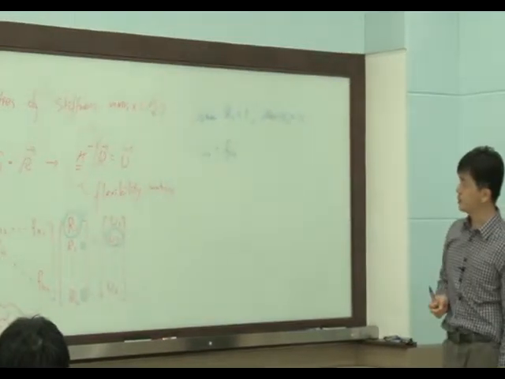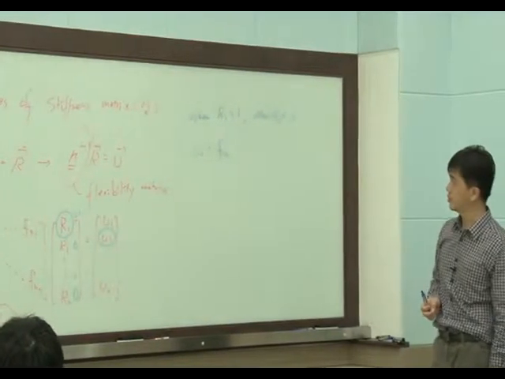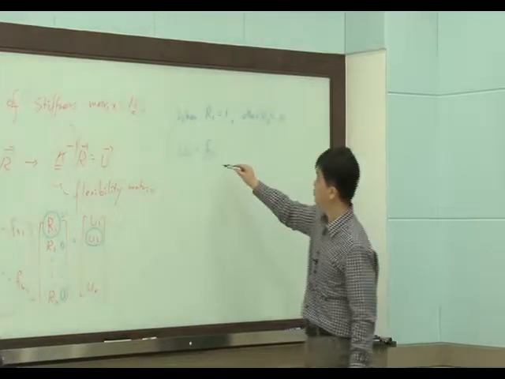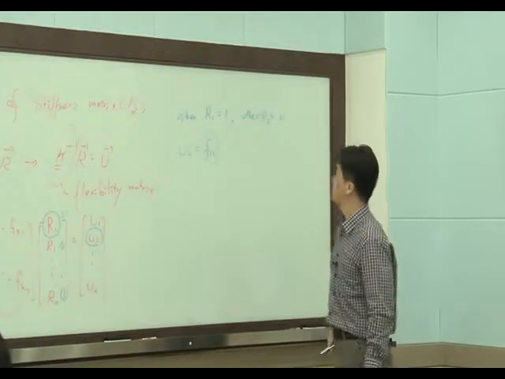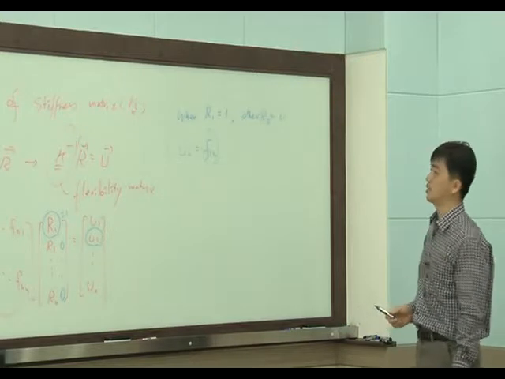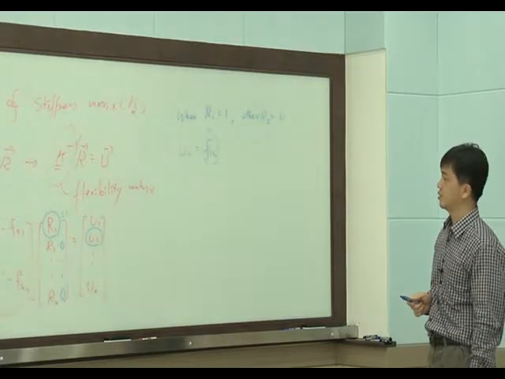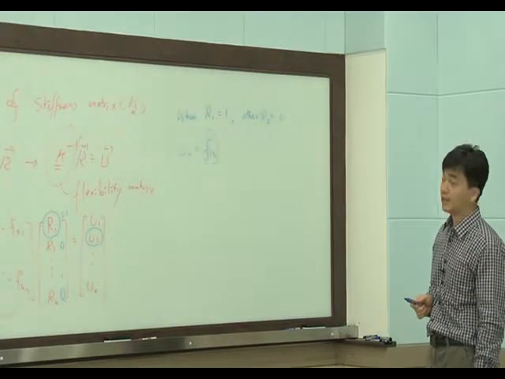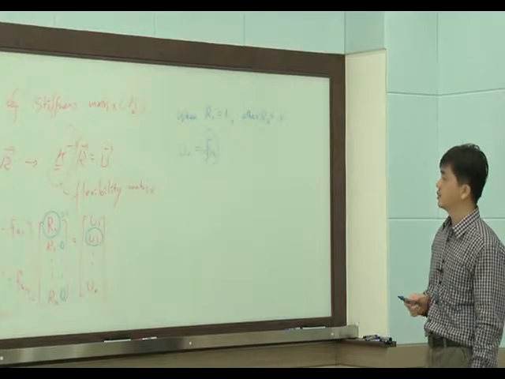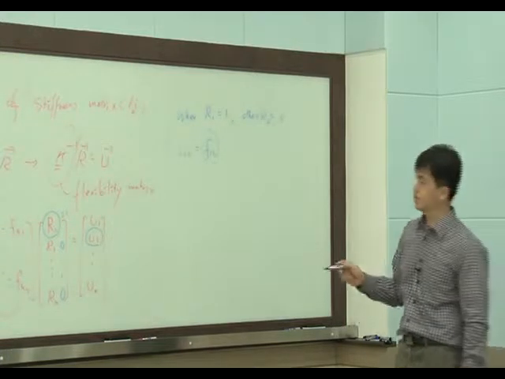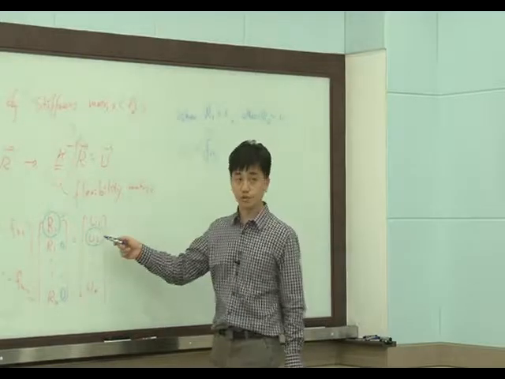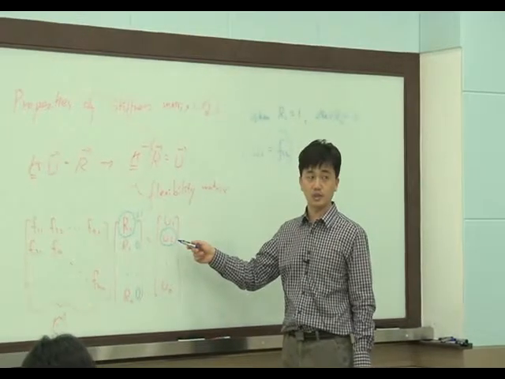This F12 is a displacement at the position corresponding to U2, right?